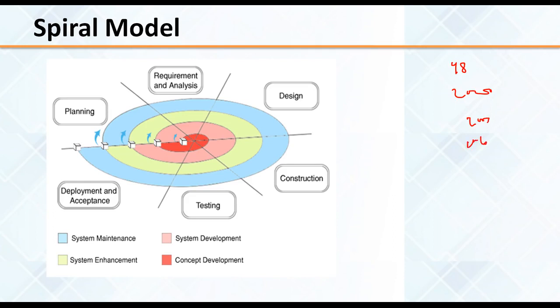And then Windows 8 or Windows 10 and 2012. So there are multiple versions of Windows that have been released into the market. Similarly, if I go for MS Office, MS Word, Excel, PowerPoint, the initial version is 98 and then 2000, 2005, 7, 10, 2012, and 2016 is going on.